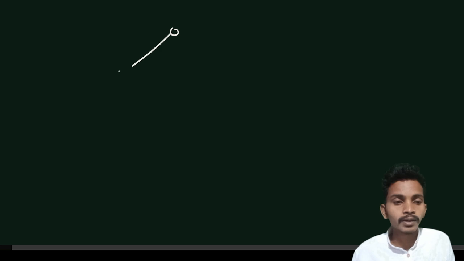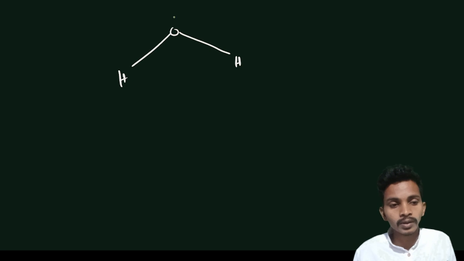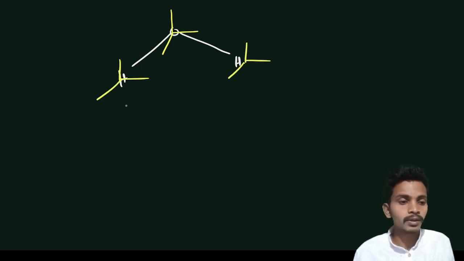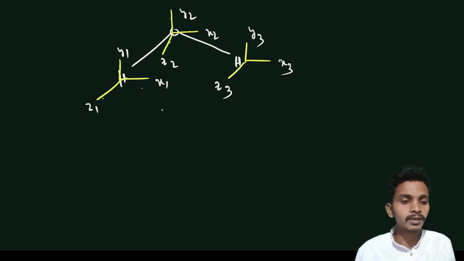Let's say this is water, so we will represent one axis here, another here, another here. So this is 3, 6, 9. If I represent, this is x1, y1, z1, then x2, y2, z2, then x3, y3, z3. Okay, so total is 9 coordinate systems.